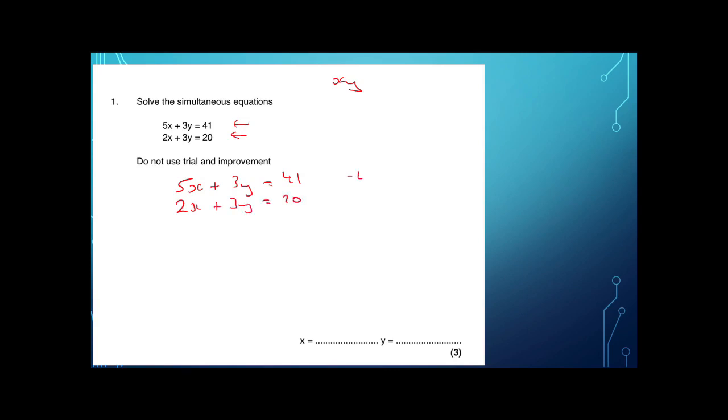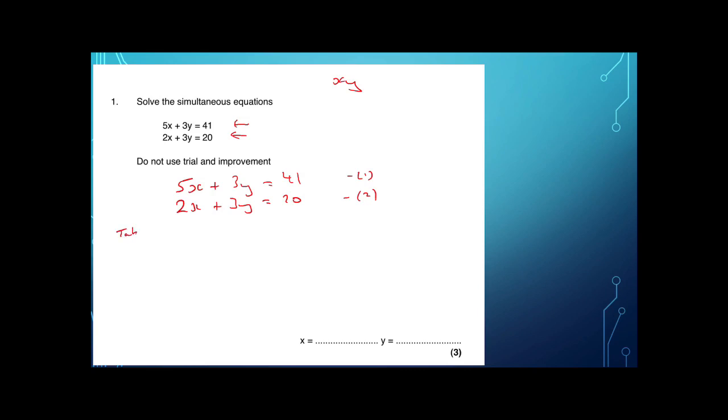Now, really good practice is to label the equations. I've labelled them 1 and 2, and then to tell the examiner what you're going to do. So I'm going to subtract 2 from 1.